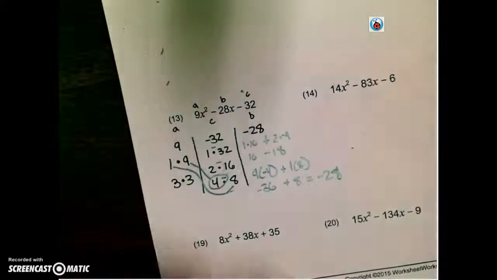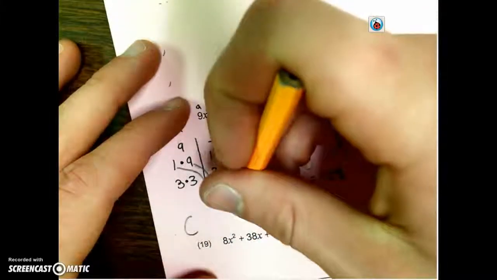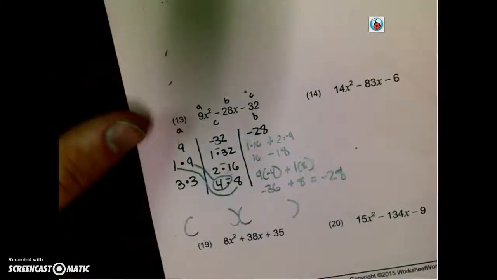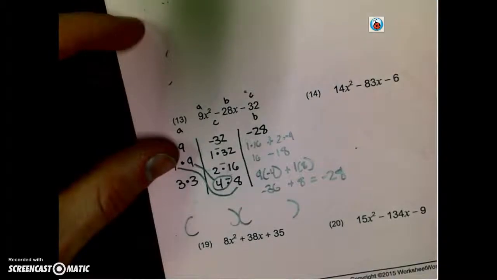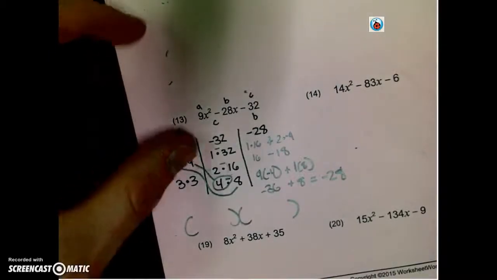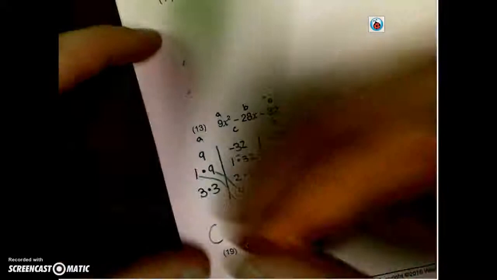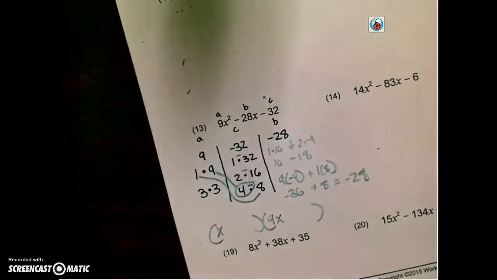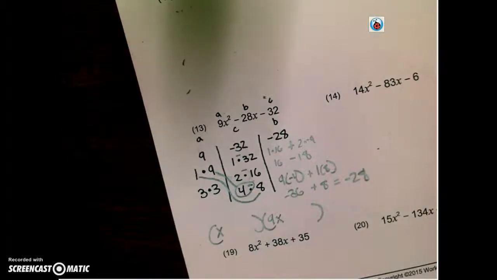Here's how I will set it up. Our factors from our A column are going to tell us what needs to go in the front of our parentheses with x. I'm going to need a 1x and a 9x. Now, we've been working on distributing for quite a while. We know that when things are sitting in opposite parentheses, that they get multiplied.